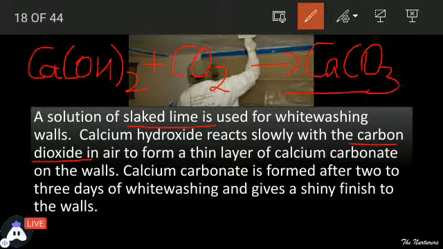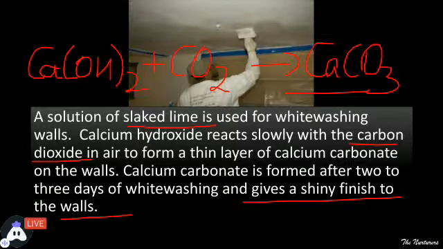This calcium carbonate so formed is responsible for giving a shiny finish to the walls. यही हमारे वॉल्स पे बिल्कुल शाइन लेकर आती है, और 2 to 3 days बाद आपको ये शाइन नोटिस होती है आफ्टर गेटिंग पेंट. So we will be discussing some questions related to it. This is also a very important reaction.